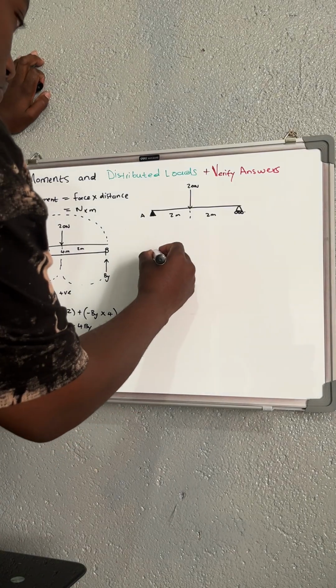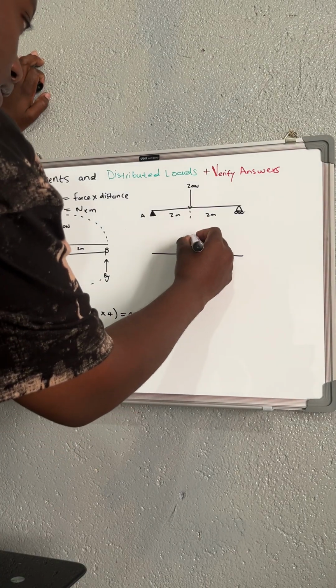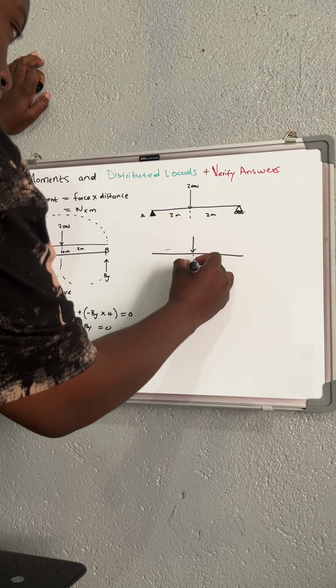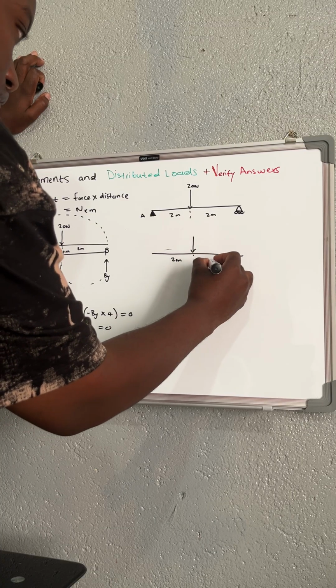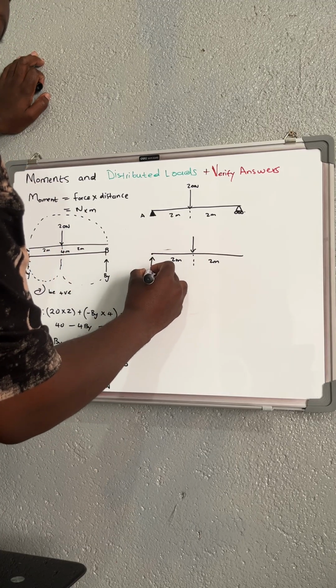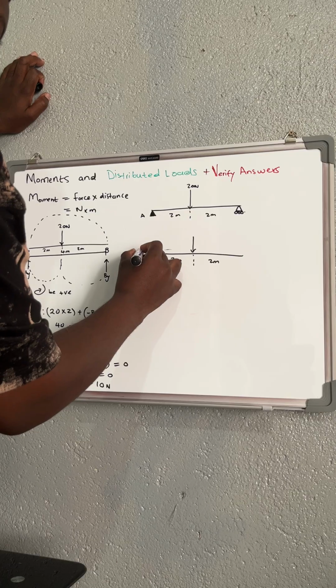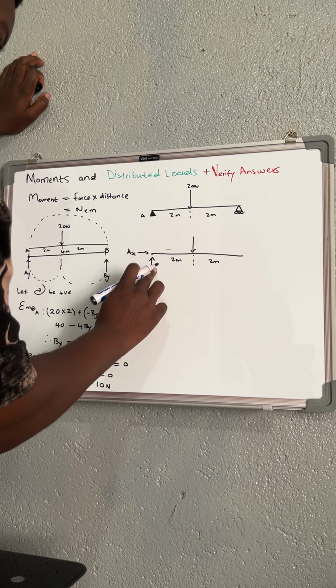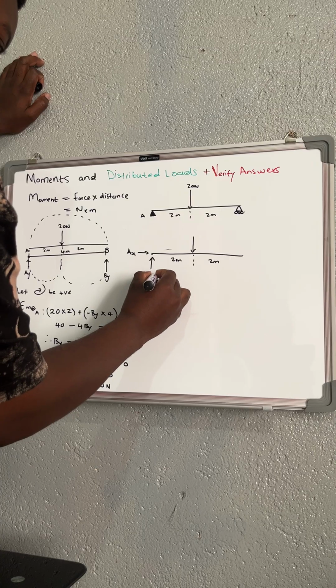How is that going to look? You will have a free body diagram that looks like this. You have that 2 meter, you have that 2 meter here, we've already done it. You're going to have your Ax, and here you have your Ay.